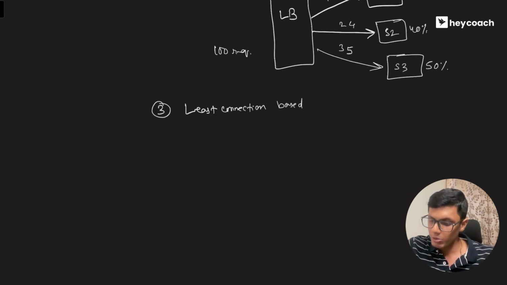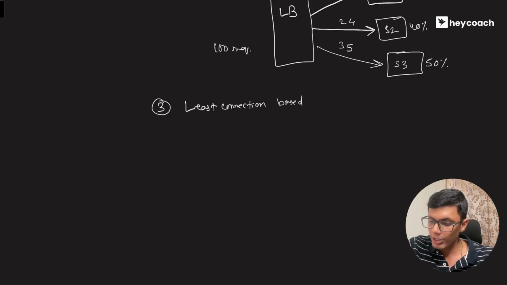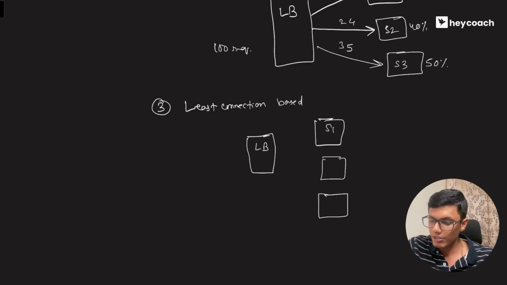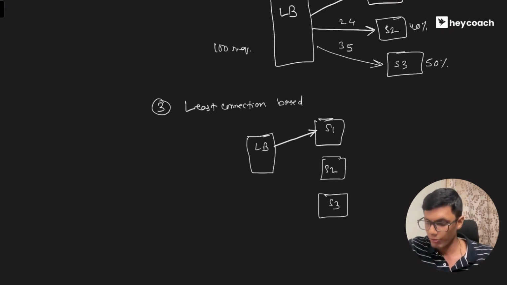Now we do something like this. This is the load balancer, and let's say there are 3 servers, S1, S2 and S3. The first server is taking a lot of time to respond and is already processing a lot of requests.